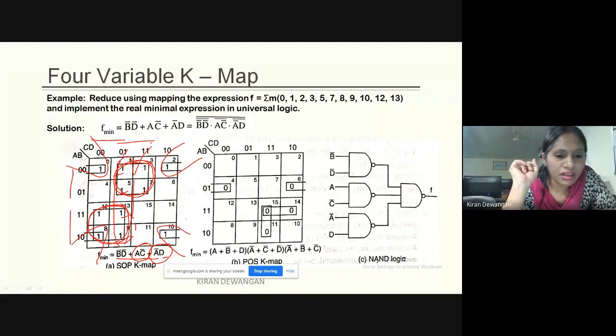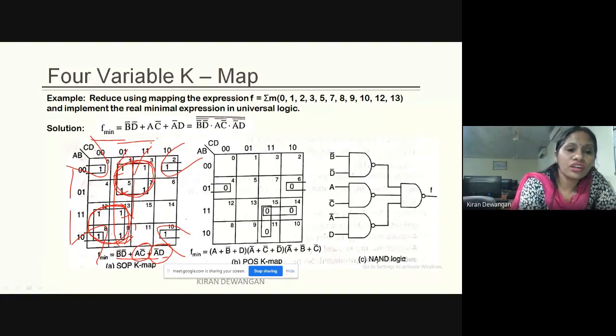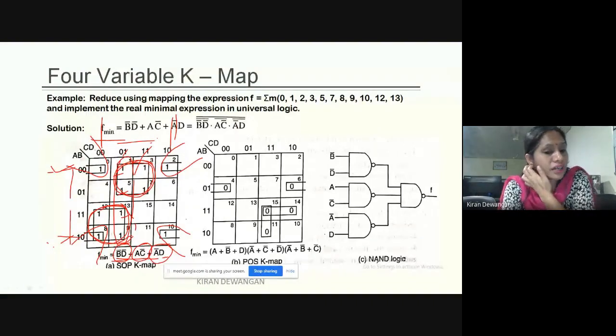A, C bar. Clear? Now for this corner quad, we have to take these two rows and these two columns. So in these two rows, what is common? It's B bar. B bar is common. And here in these two columns, it's D bar. So B bar, D bar. So we are getting our third term. Okay?